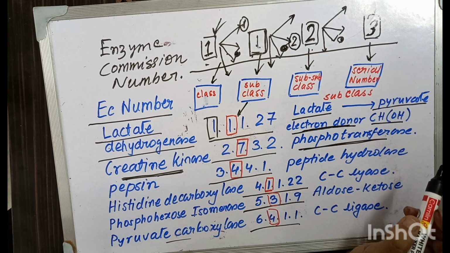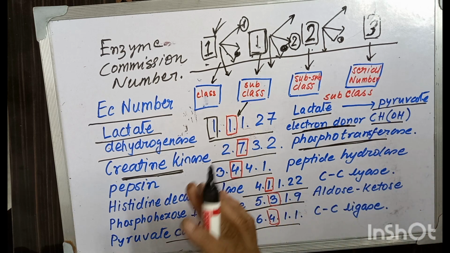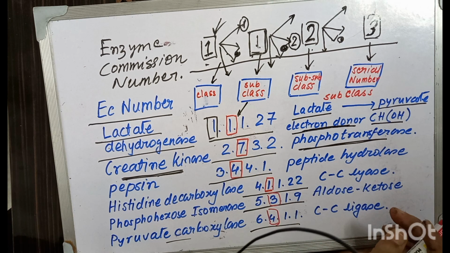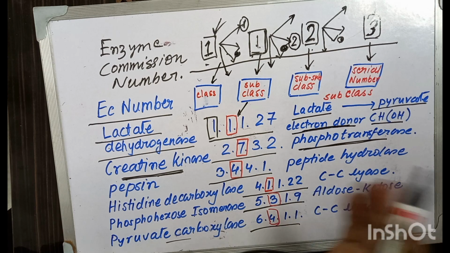Likewise, there are different transferases. There are acyl transferases, donating acyl groups. Acyl groups are those fatty acid groups, long chain carbon groups. There are nitrogen transferases, which act in transamination reactions. Some keto acids get converted to amino acids and some amino acids get converted to keto acids by the transfer of nitrogen.